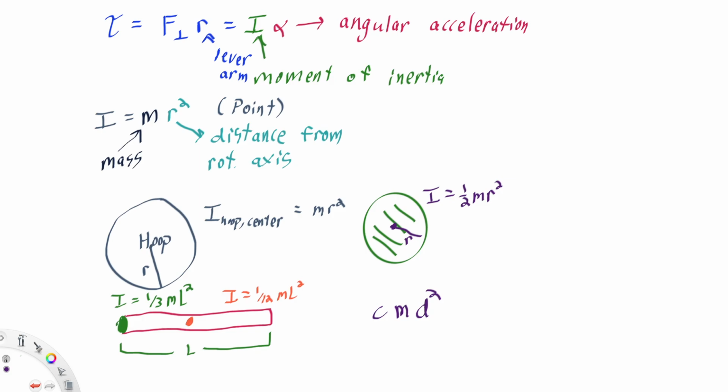So yeah, both the shape of the object and the axis about which you are rotating it make a difference. 1/2 is for a solid disk rotated around its center.